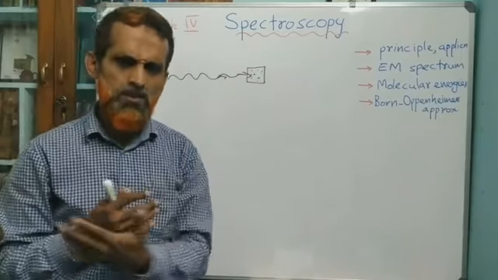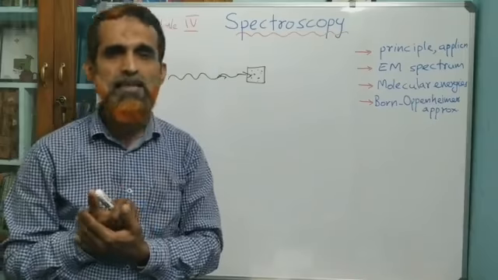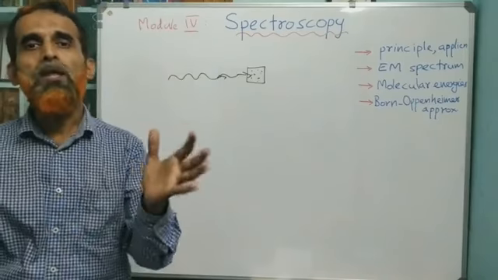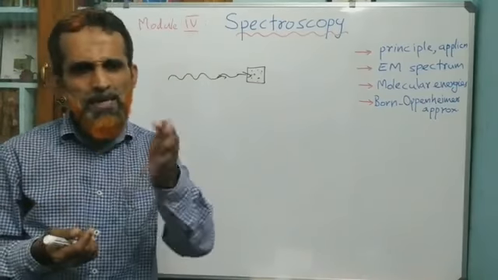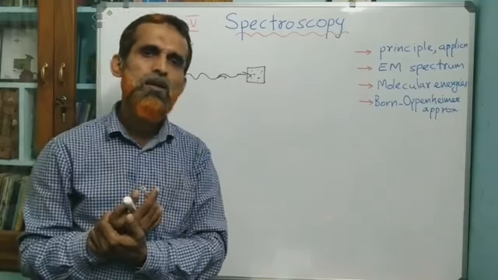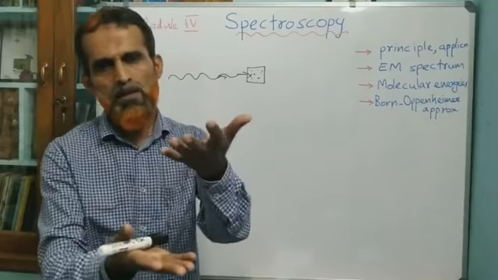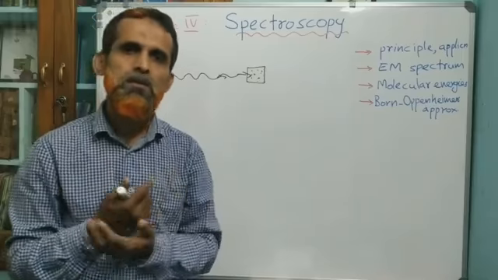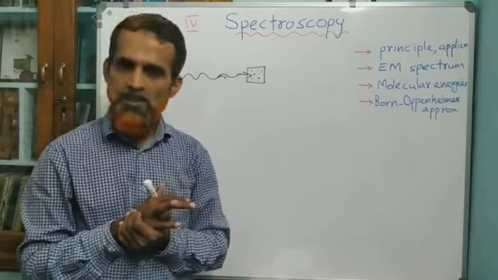You are also familiar with the observation that when copper utensils are kept under a strong non-luminous flame, they may give flashes of green. That's also an example of an emission spectrum.